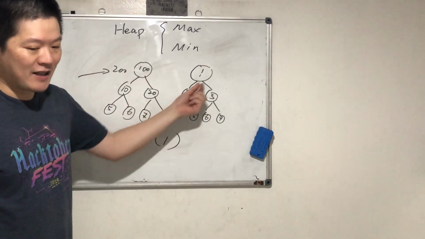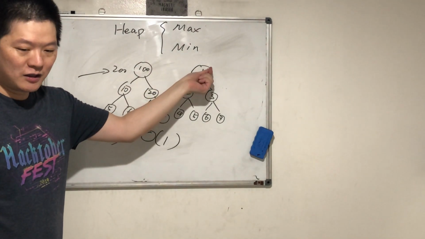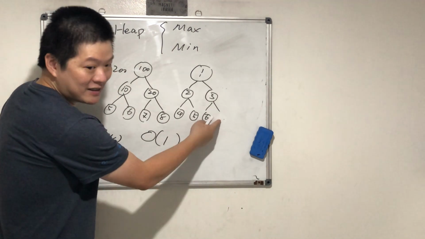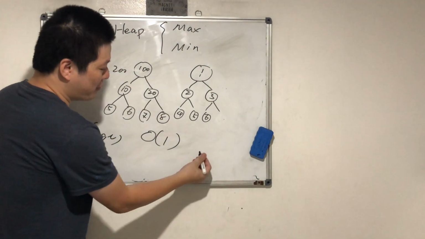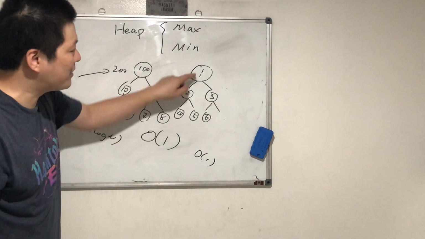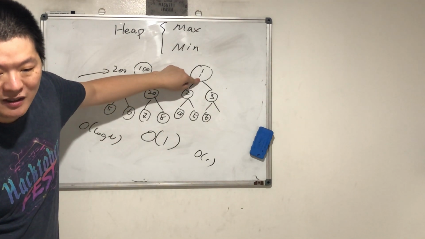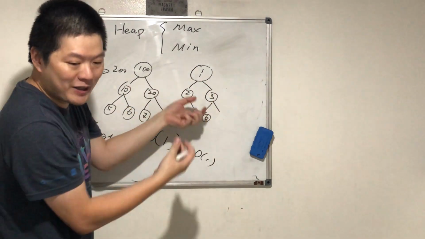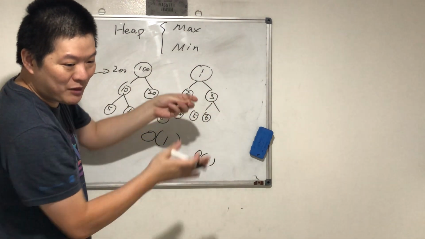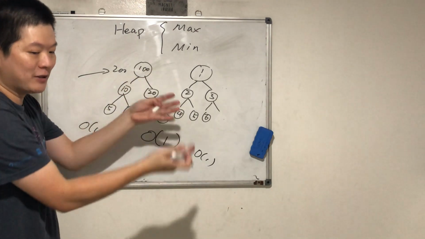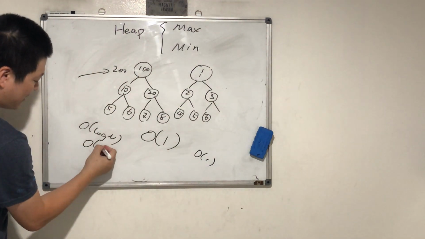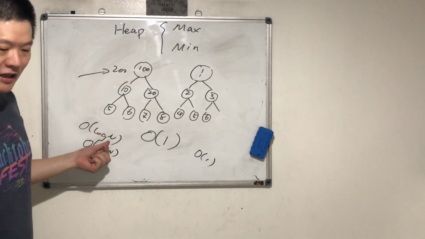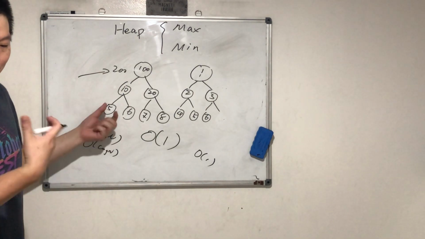To delete as well: if we delete a leaf, we just delete it, and that will be O(1). But if we want to delete the root, we need to do some rearrangement, sometimes swapping parents with kids, so the time complexity will be O(log n) as well. These are quite complex algorithms.